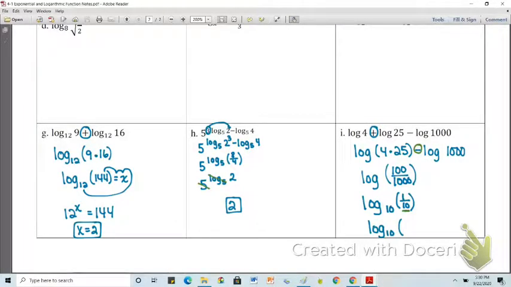Well, it has an understood exponent of 1. And if I want to move it up to the numerator, I just change the sign. So that becomes 10 to the negative 1. Now these are the same. They undo each other. They cancel out. And my answer is simply negative 1.